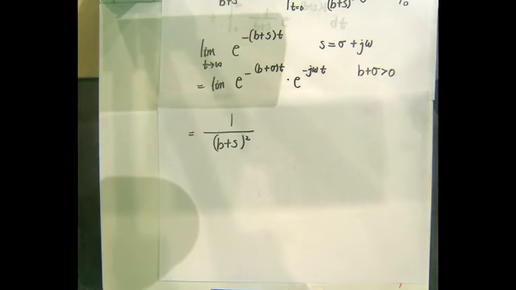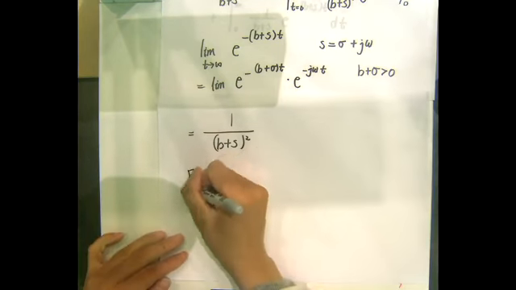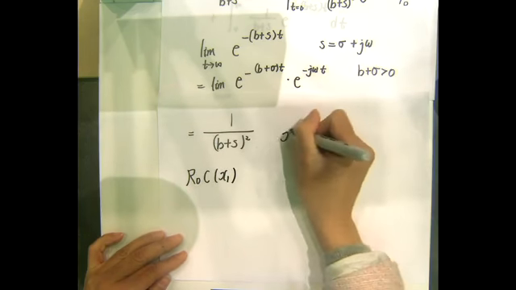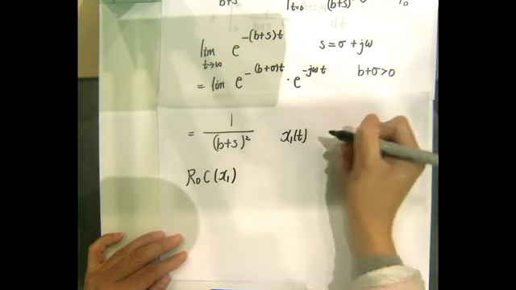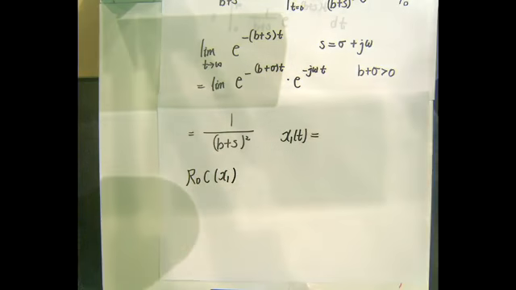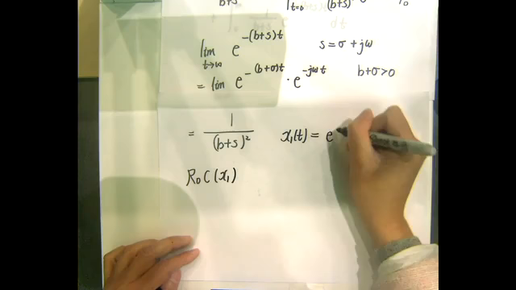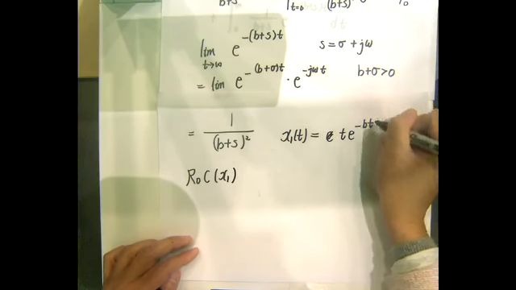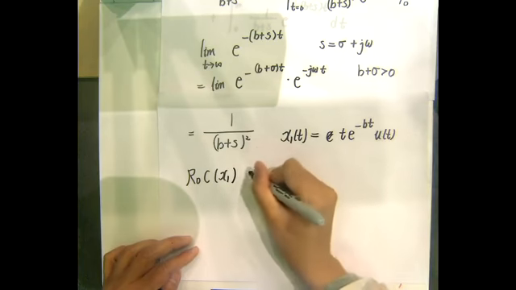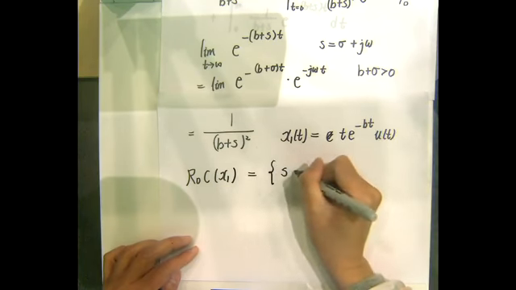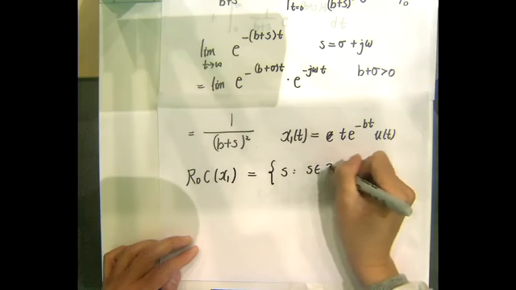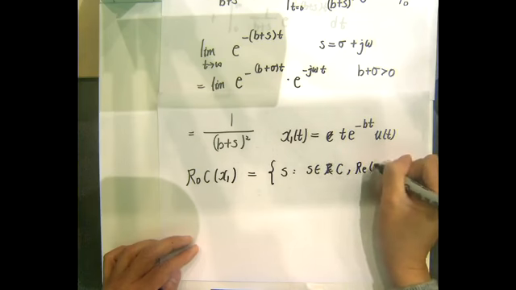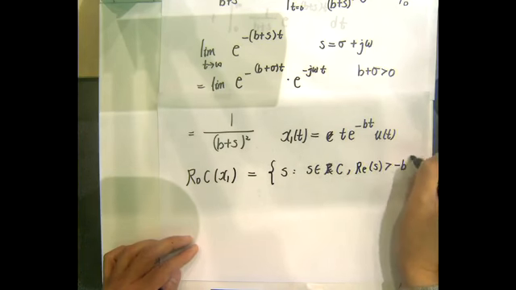Okay, so the region of convergence of my x1(t) will be: my s belongs to C, and the real part of my s should be larger than minus b.